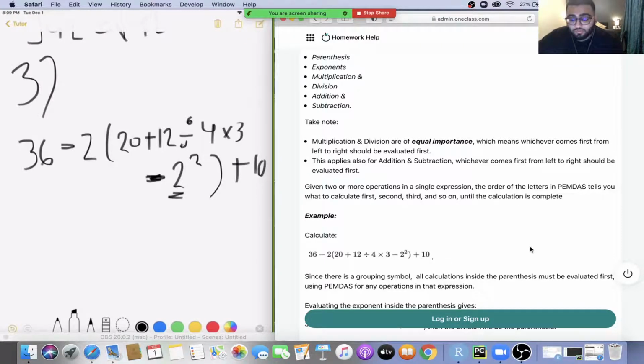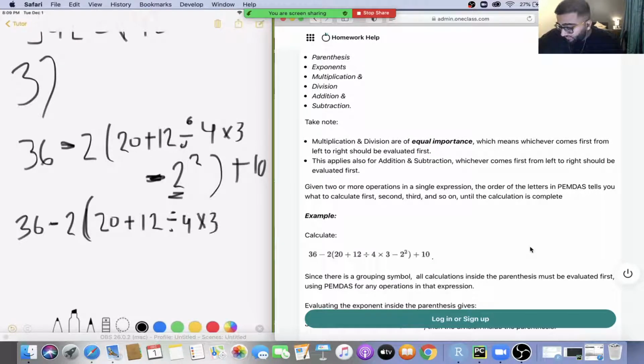So we'll get 36 minus 2 times, in the bracket, 20 plus 12 divided by 4 times 3. 2 squared is evaluated to 4, plus 10.